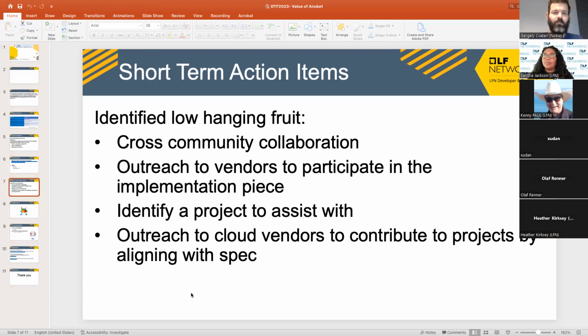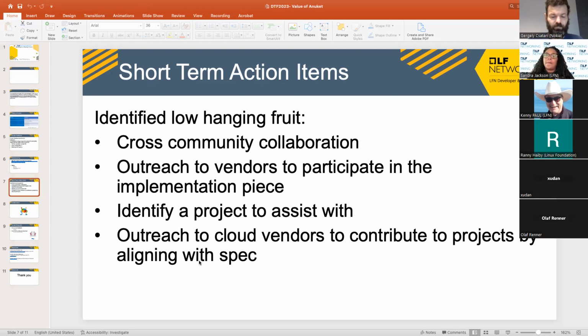Does that include also the service providers? Because I would assume that they would be interested in having these kinds of infrastructure specifications, and that it's relevant for them as well. Yes, you're absolutely right. We would need the service providers as well as the vendors to participate in this. So you are correct, Olaf.